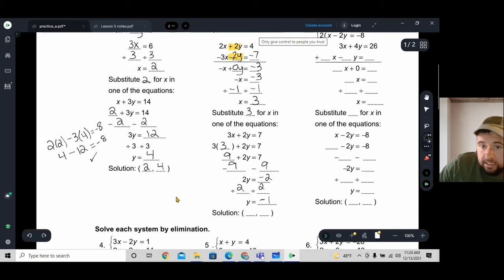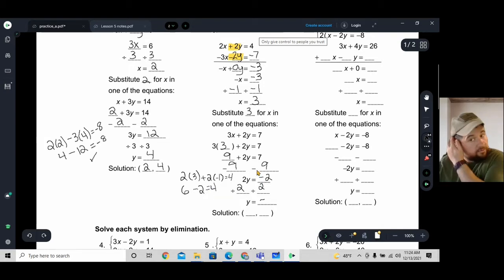So is 2 times 3 plus 2 times negative 1 equal to 4? 2 times 3 is 6. 2 times negative 1 is negative 2, and that does, in fact, equal 4. So we know that our solution happens at 3 and negative 1.